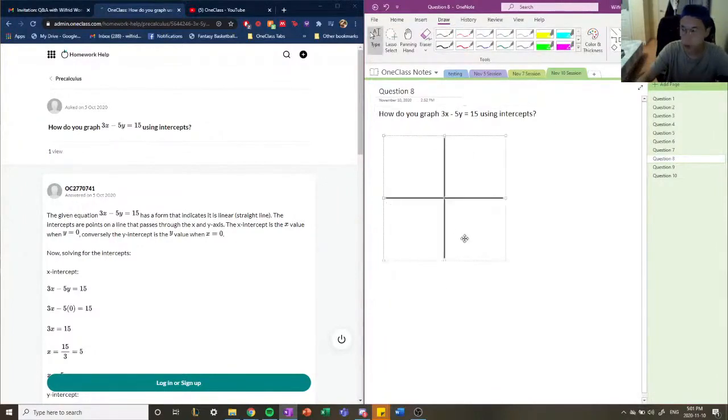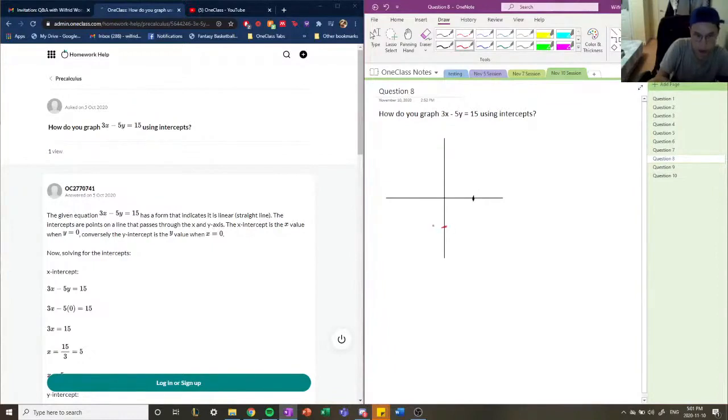For a line, we always know that a line has two intercepts. It has an x-intercept, and it also has a y-intercept. Let's say the y-intercept is here.